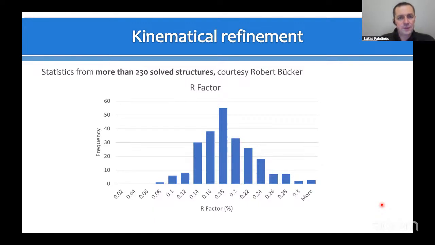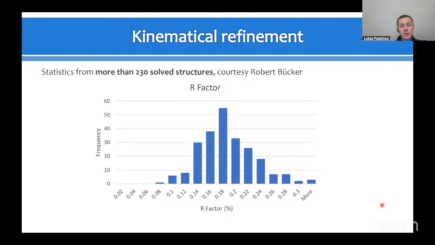Now, if we stick with the kinematical refinement for a moment, the advantage is that it is very simple. It uses the techniques that have been developed for X-rays, and so any X-ray structure refinement program can be used without any modification or with very small modification for electron diffraction.